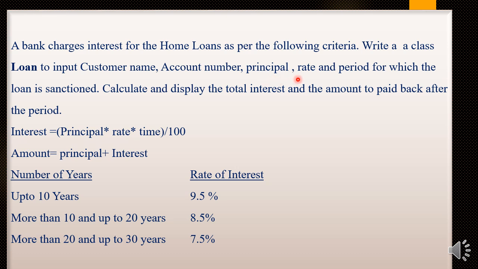Rate means rate of interest, and period means the number of years for which the loan is sanctioned. And the program must calculate and display the total interest to be paid by the customer and the amount to be paid after the period.